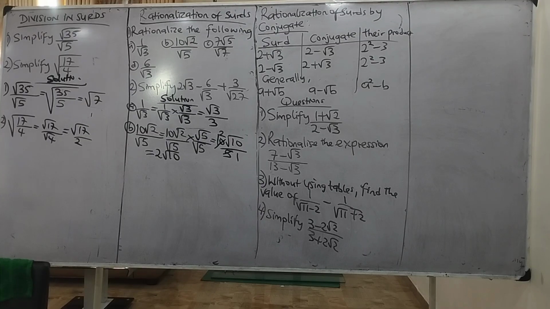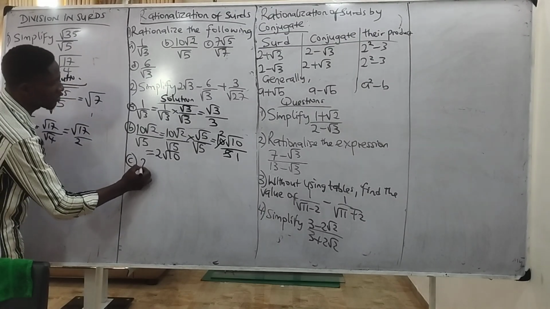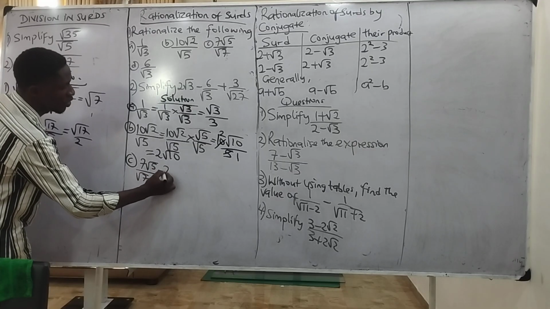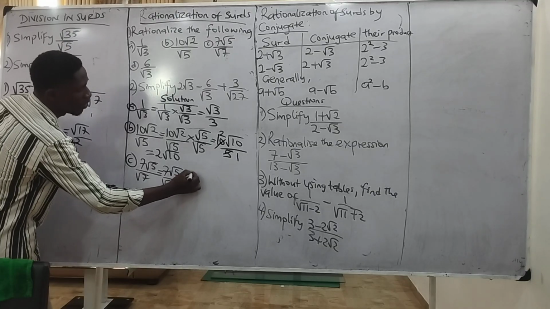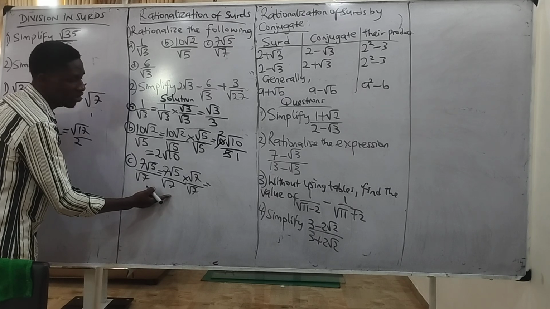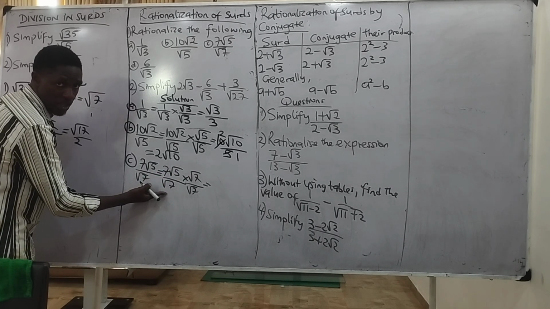We'll go to C part. We have 7 root 5 over root 7, which is 7 root 5 over root 7 times root 7 over root 7. Make sure you multiply the numerator and denominator by whatever is at the denominator here.